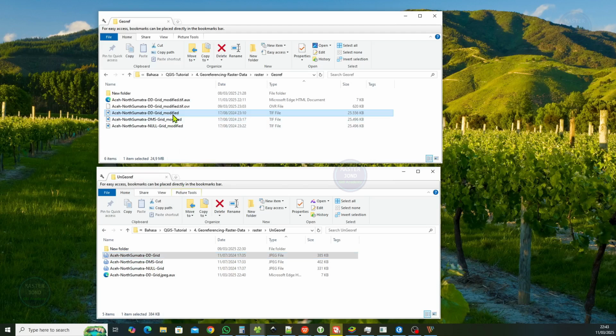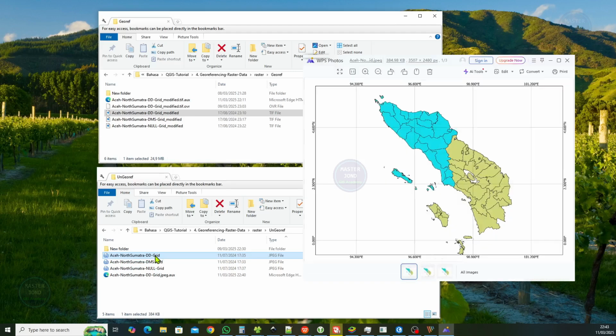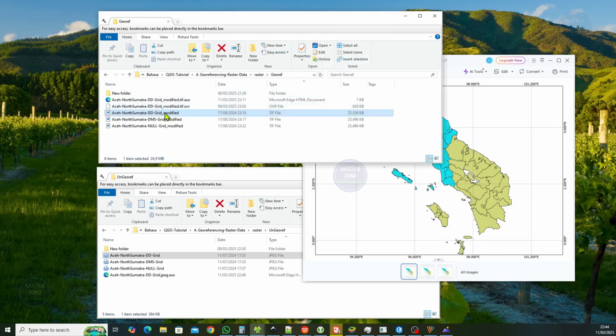Okay, so these two files are identical. So let's double click the first, the JPEG one, and okay, here the JPEG, and I will open or double click this modified, the same DD grid.